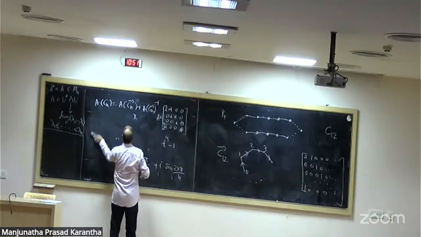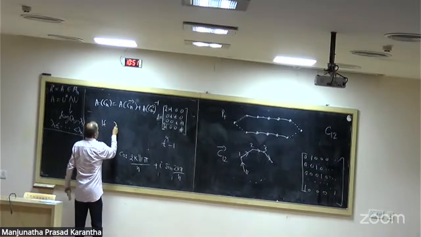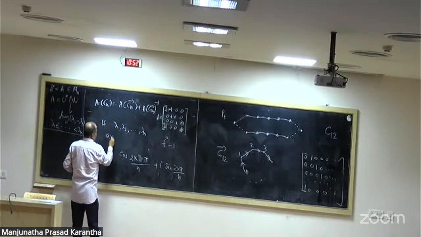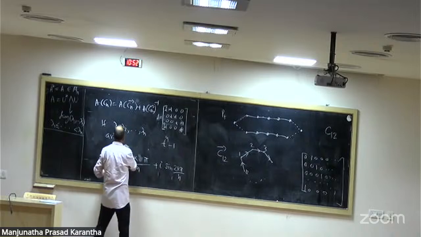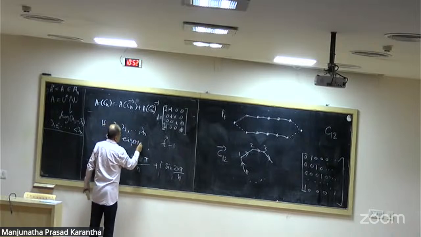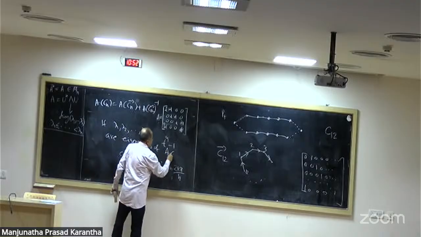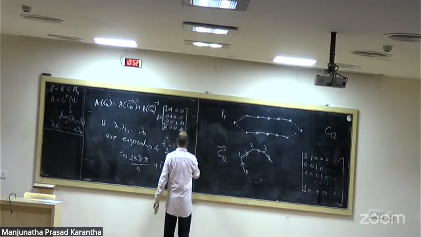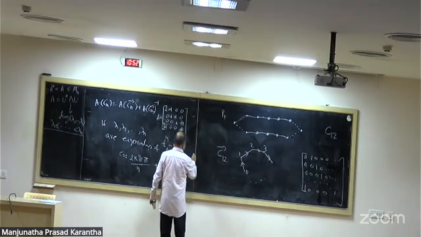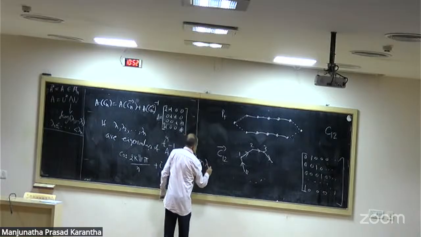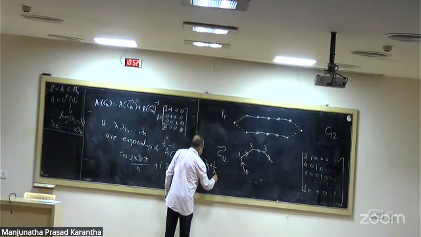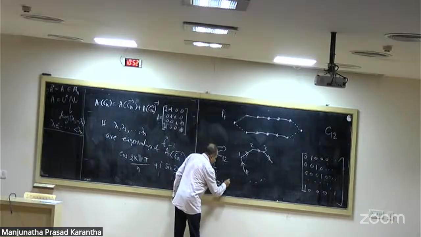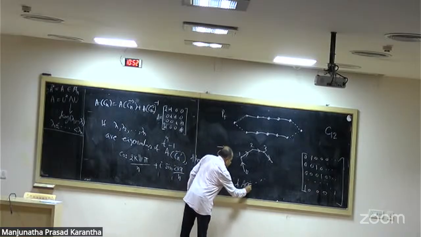So, if lambda 1, lambda 2, ..., lambda n are eigenvalues, remember this one, of SCN directed, then lambda i plus 1 by lambda i are eigenvalues of SCN undirected.